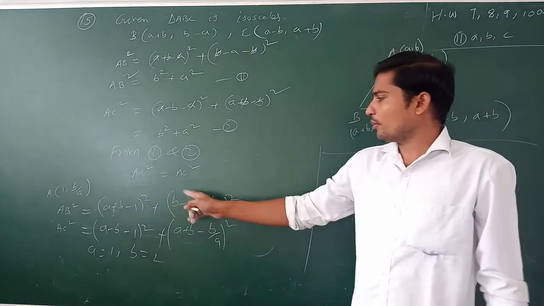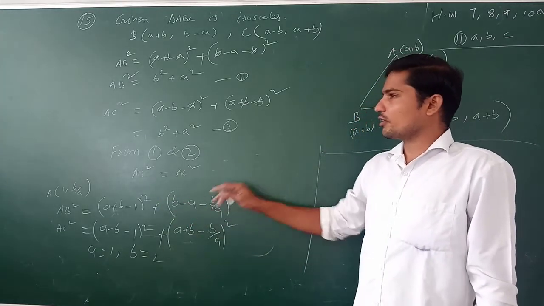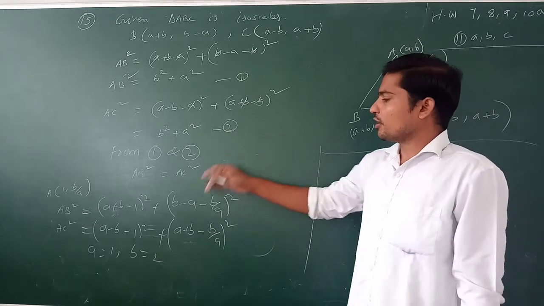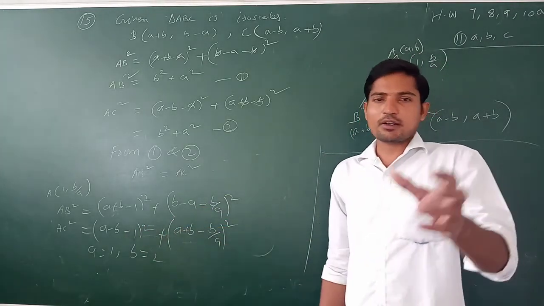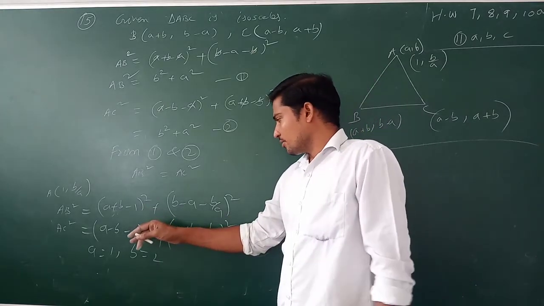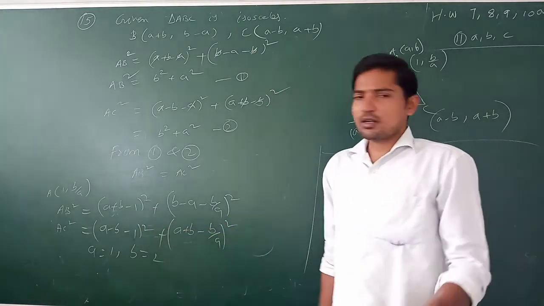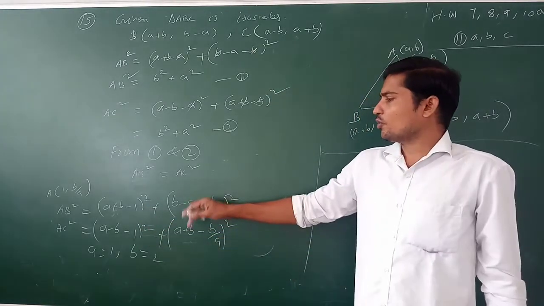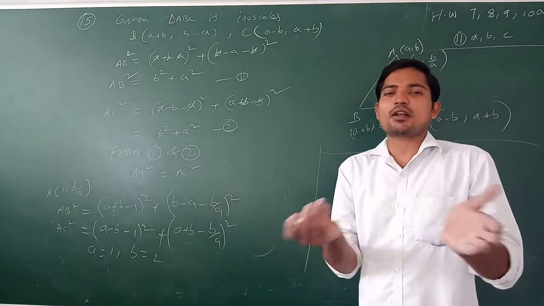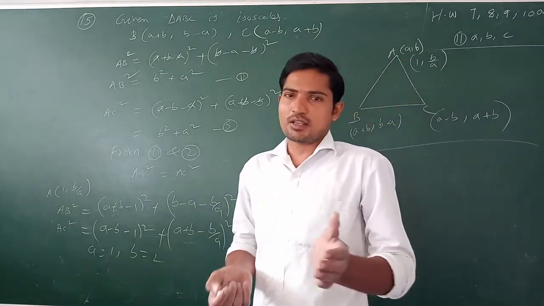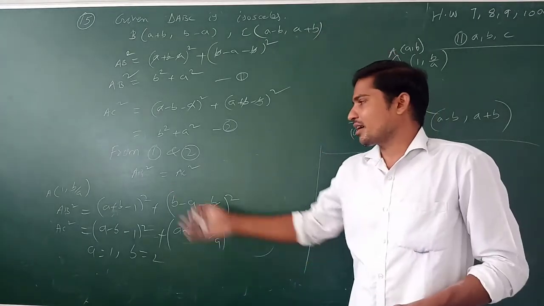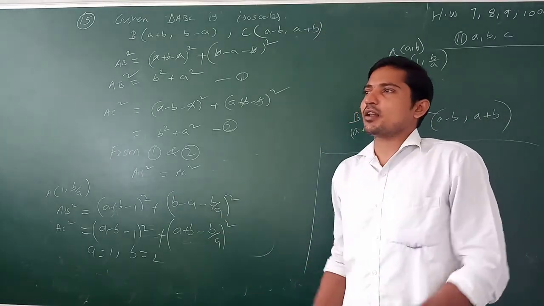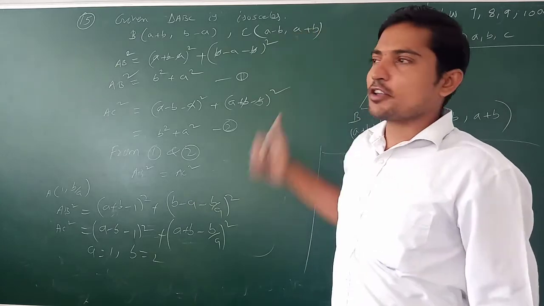You apply that formula and finally whatever result you got here, then again apply the A plus B plus C formula, and then we can get some answer here. Whether those two answers are equal or not. Suppose the two values are equal, we can say that the two sides are equal. When the two sides are equal, then that is an isosceles triangle.